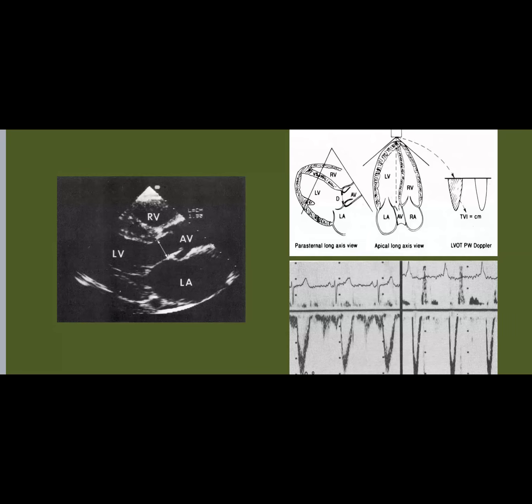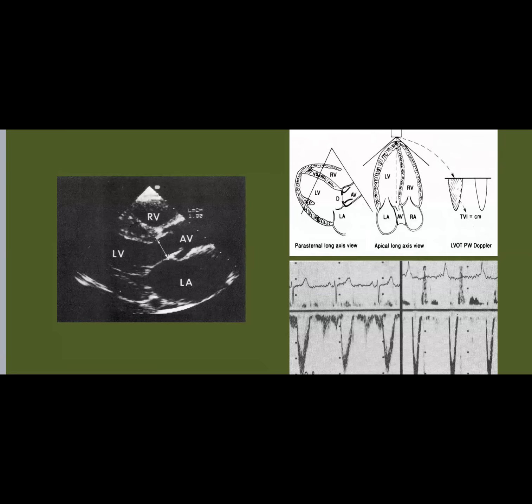We can use Doppler. We go to the LVOT and we obtain just two measurements. That's all we need: the diameter of the LVOT and the TVI of the LVOT. And we apply an equation. Do you know that equation?